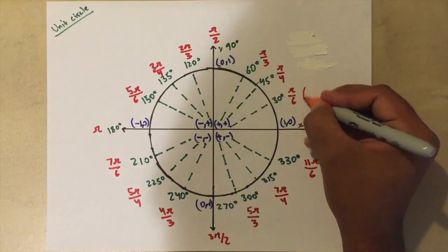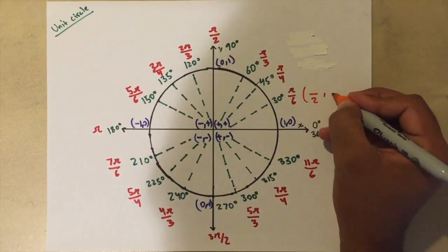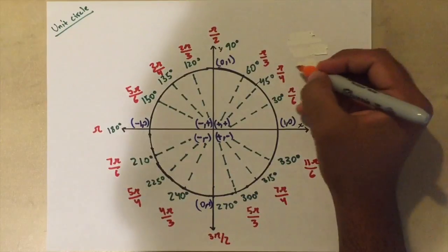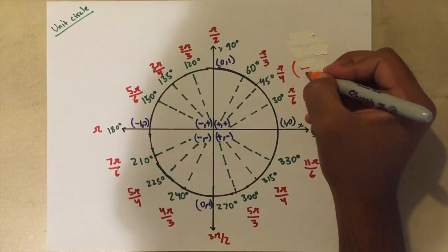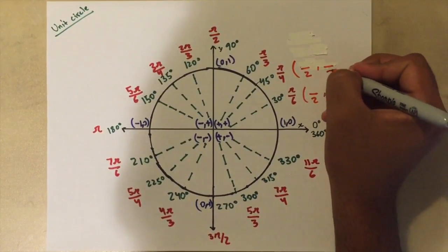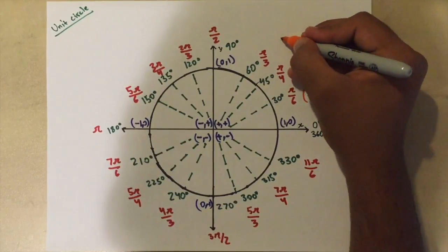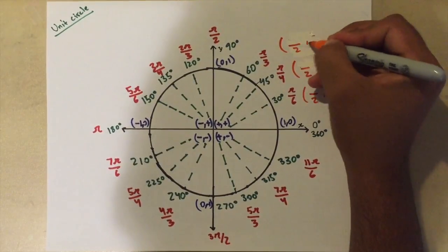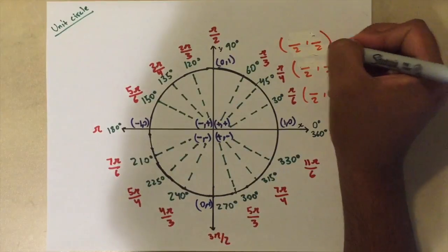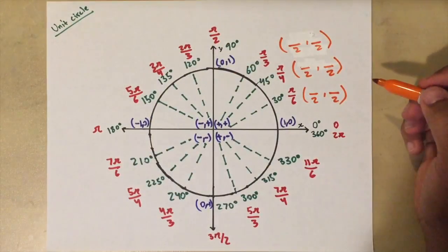So you're going to get over 2 over 2. Here you're going to get over 2 over 2. Here you're going to get over 2 over 2. And I wrote that a little big so we can all see.